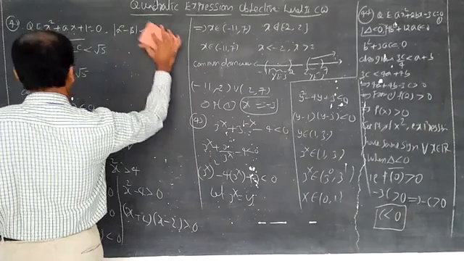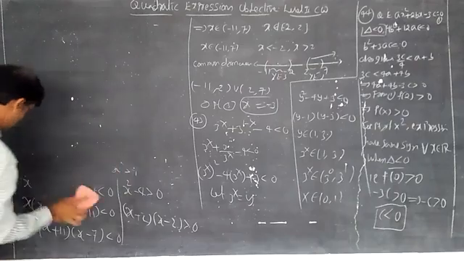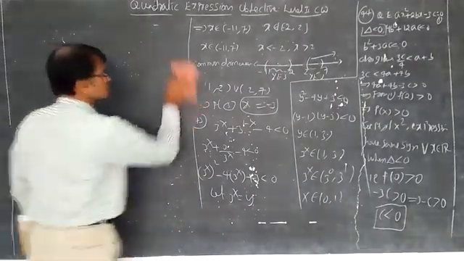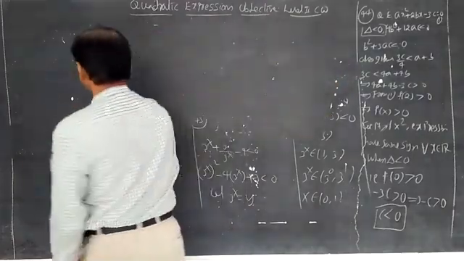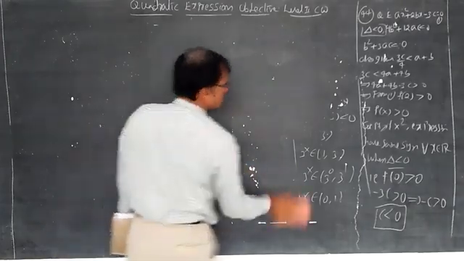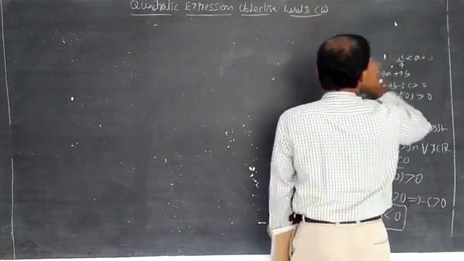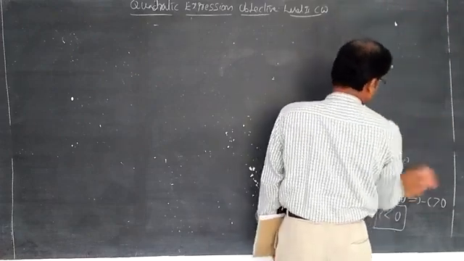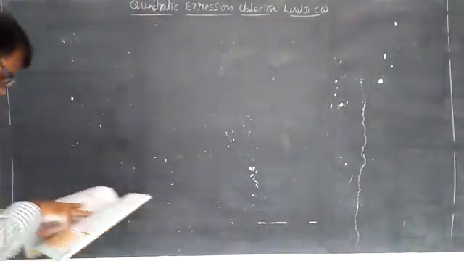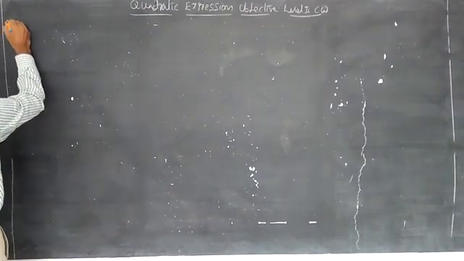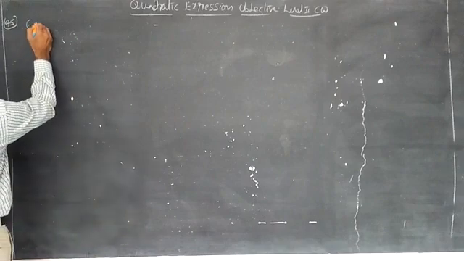Now 45th question. Cos p minus 1 into x square.